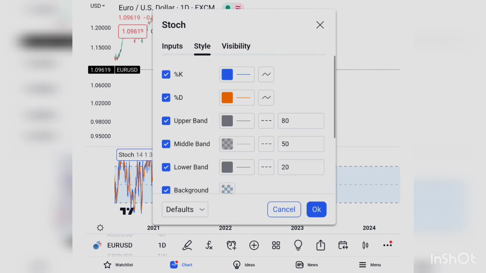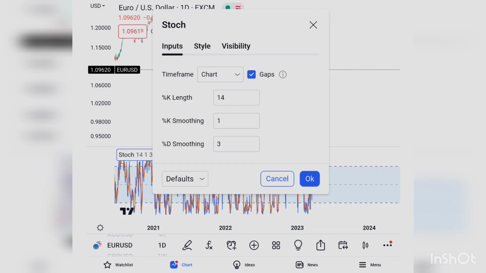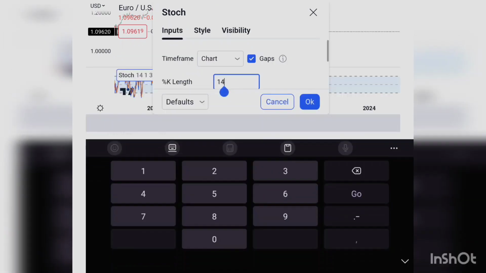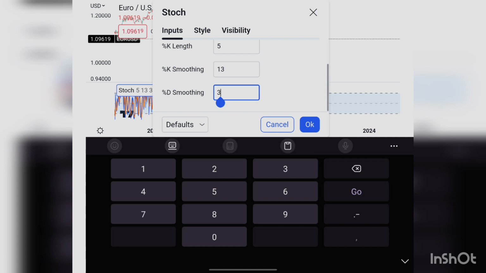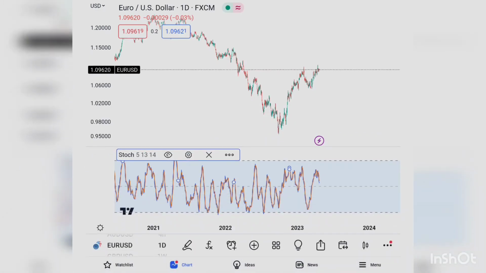You go to your settings, then you go to inputs, then on percentage K length, make sure that you put 5. Then on percentage K smoothing, make sure that you put 13. Then on percentage D smoothing, make sure that you put 14. Then you press OK. So basically, this is your stochastic oscillator.